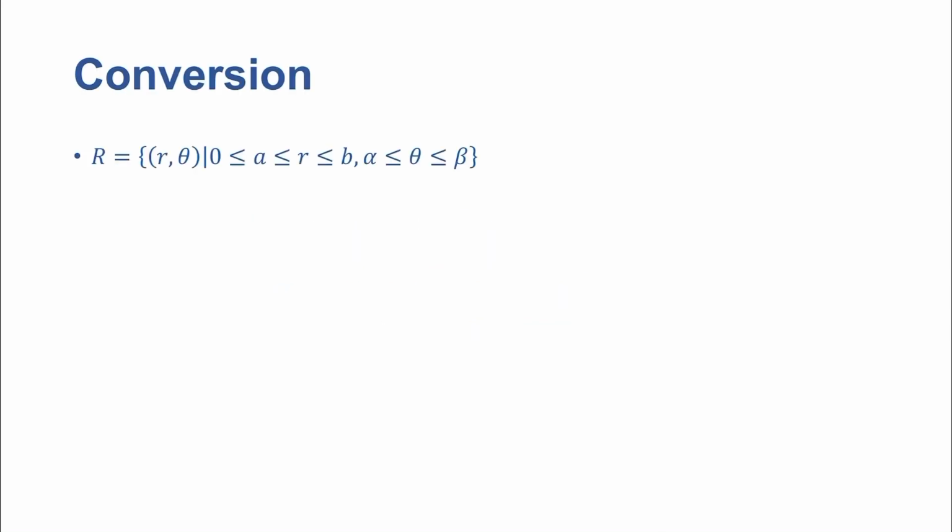Now if you remember the conversion, if I have a region R defined by r and theta, such that r is some positive number between a and b, and theta is some positive angle between alpha and beta, then we can say that the double integral over the region of a function of x and y with respect to a differential area element is equal to the integral between alpha and beta, and the integral between a and b of f of r cosine theta, r sine theta, r dr d theta.